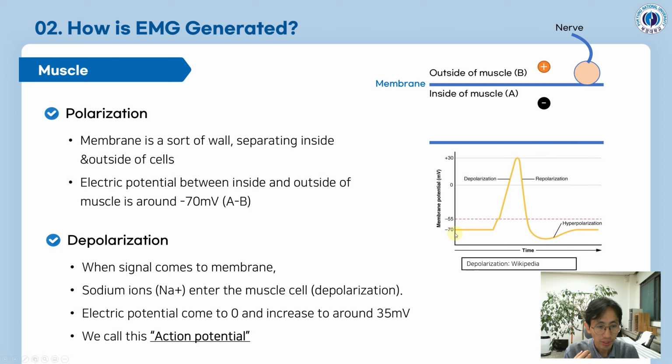At first the potential is minus 70 millivolts, and then it starts to increase until it reaches around plus 35 millivolts. We call this change the action potential. After that it will decrease again. I will explain about this later.